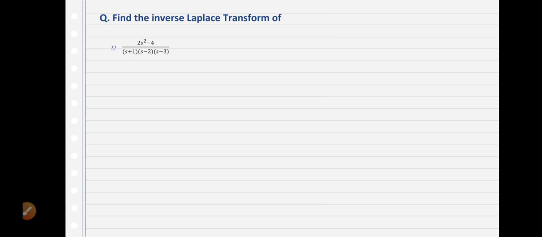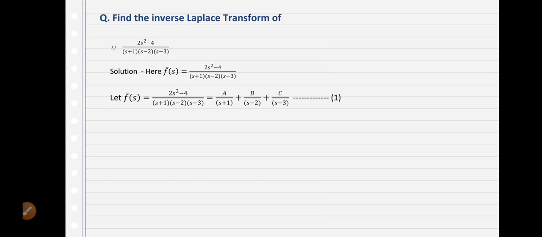Now we will see the solution step by step. Here we have to consider the given function as f bar of s, as seen in the previous methods. Now we have to write this f bar of s as a sum of partial fractions.